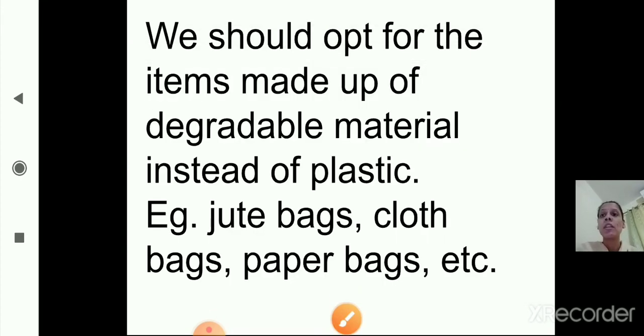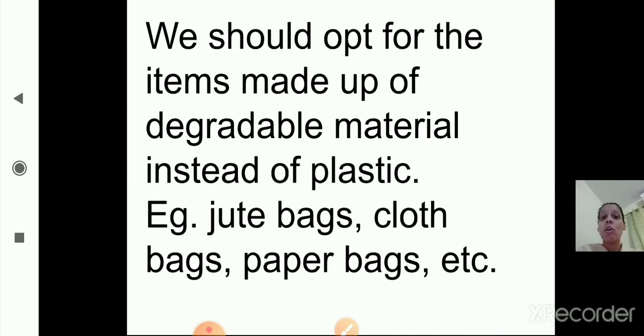Now the next, we should select or choose items made up of degradable materials instead of plastic. So instead of using plastic, we should choose other things which are made up of degradable materials like jute bags, cloth bags, paper bags, etc. Instead of using plastic bags, we should use jute bags, cloth bags or paper bags.